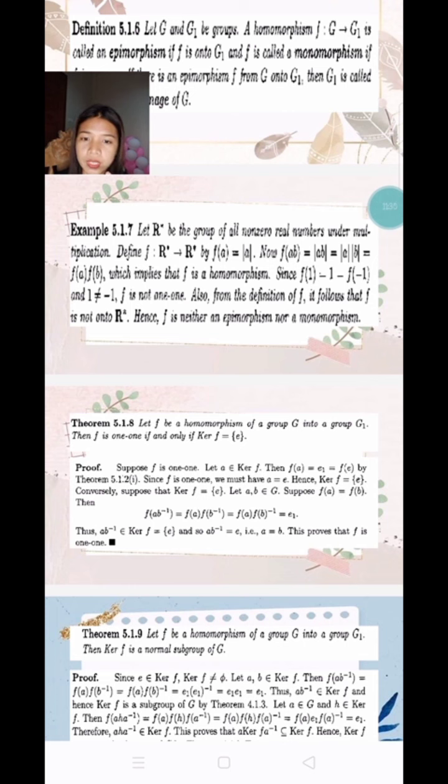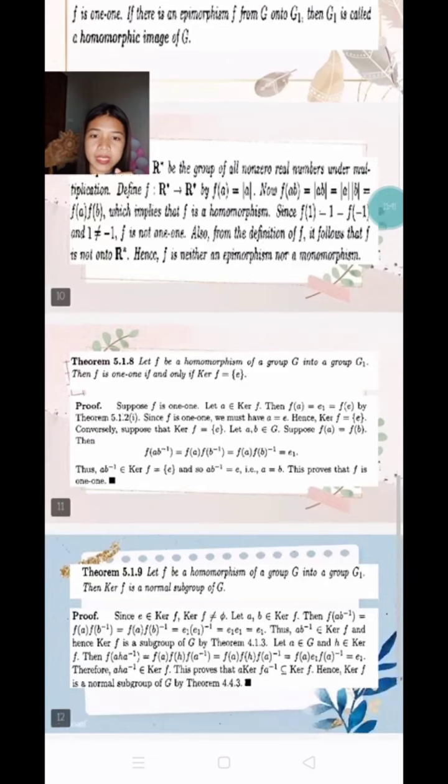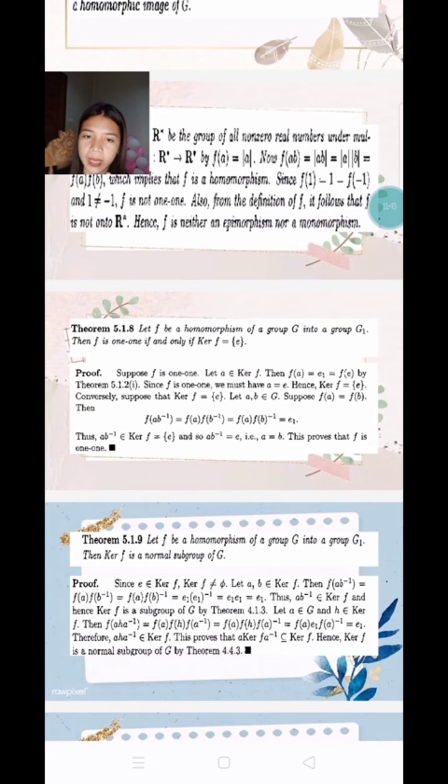Conversely, suppose that kernel of f is equal to {e}. Let a and b be elements of G. Suppose f of a is equal to f of b. Then f of ab raised to negative 1 is equal to f of a times f of b raised to negative 1, which is equal to f of a times f of b to negative 1, which is equal to e sub 1.